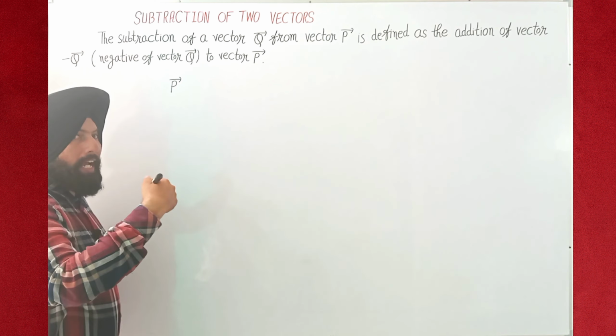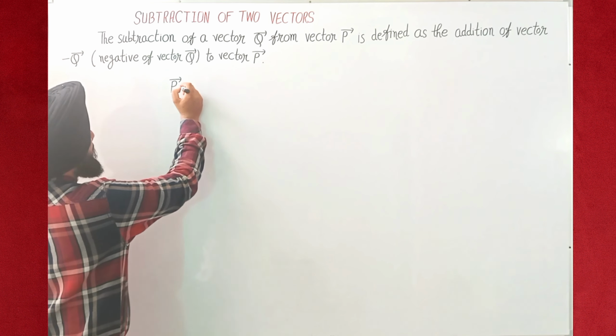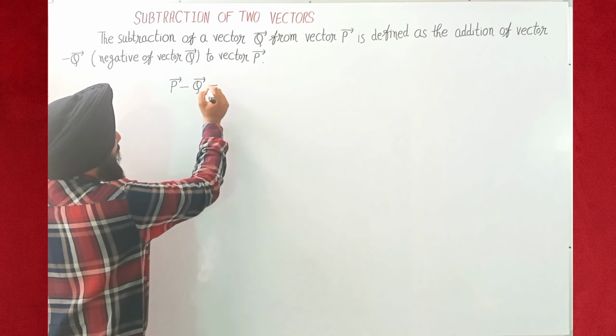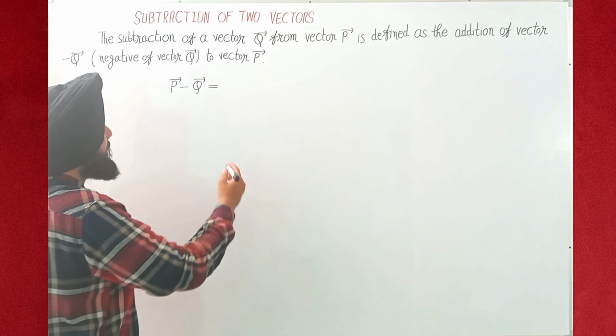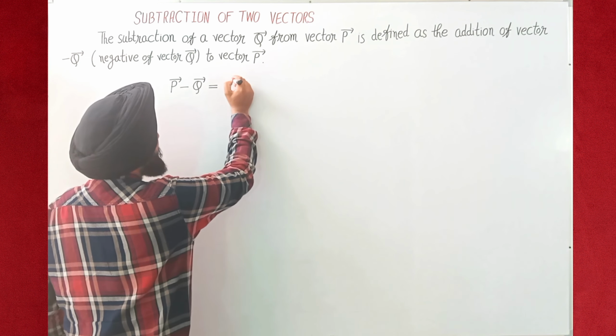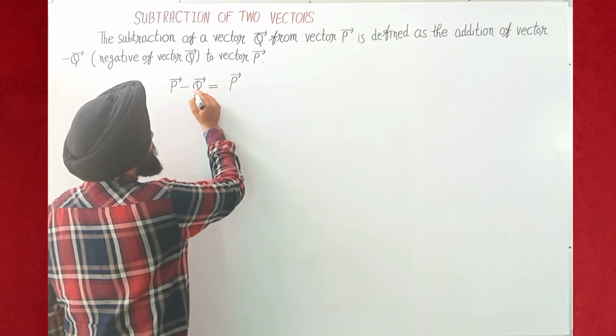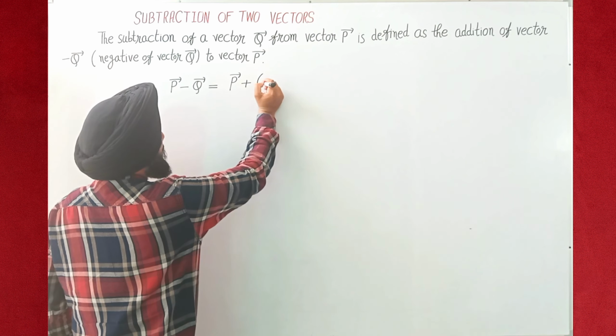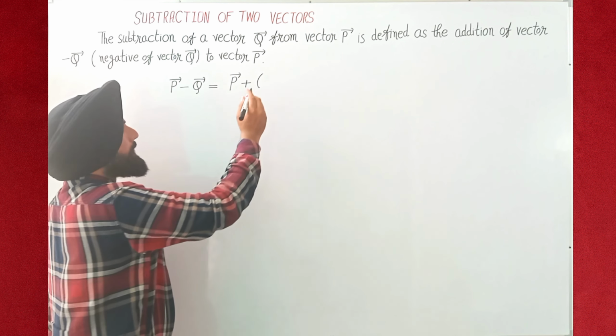Now we are subtracting vector q from vector p. How is it defined? It is the addition of vector, which vector?